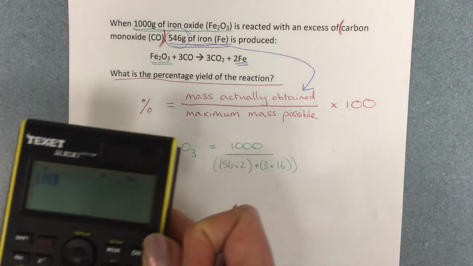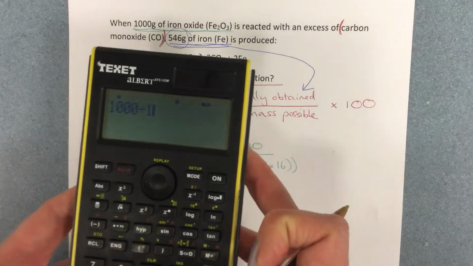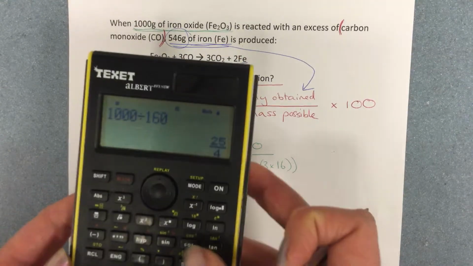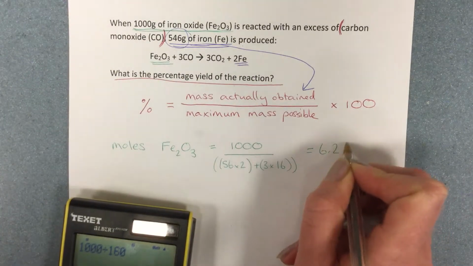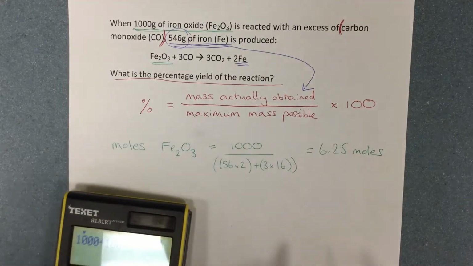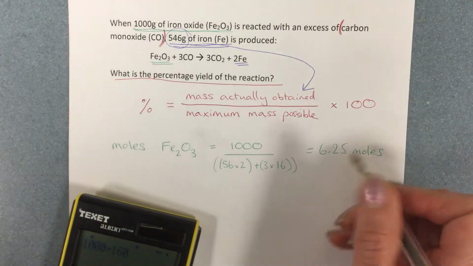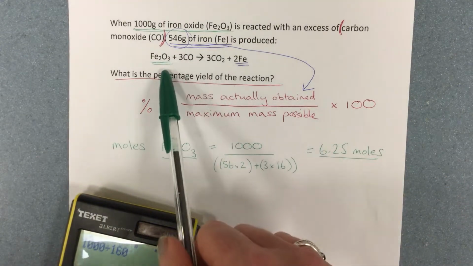So I do 1,000 divided by 160, and I get my answer as being 6.25 moles.